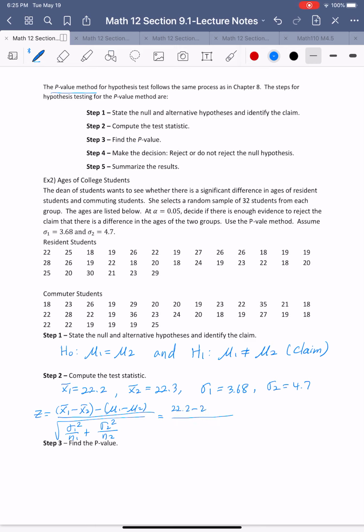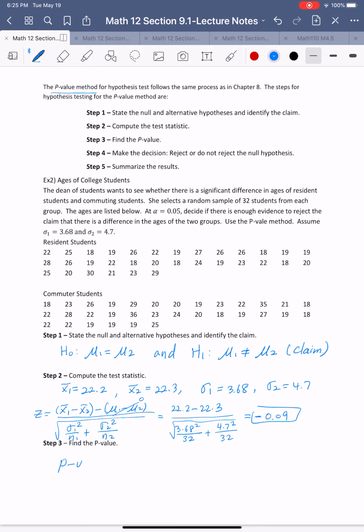So that is 22.2 subtract 22.3, but mu sub 1 minus mu sub 2 is always 0. And then the square root of 3.68 squared over 32 samples, and 4.7 squared over 32, which comes out as negative 0.09. So you need to use the z table to find the p-value.